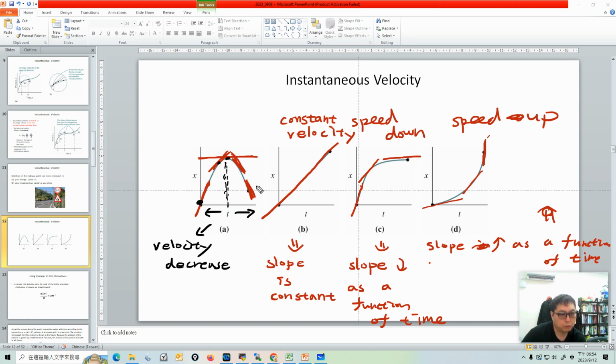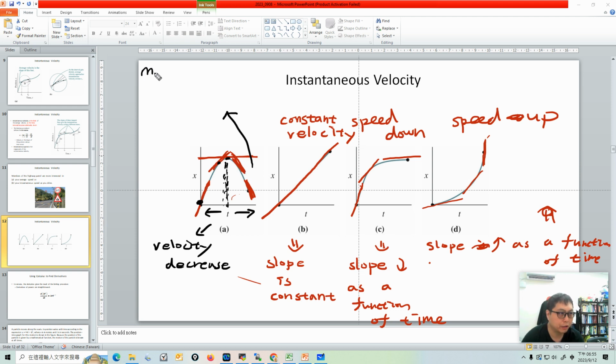How to describe this part correctly? Be careful with this. On the right hand side of the dashed line, compared to the middle point, the slope increases.